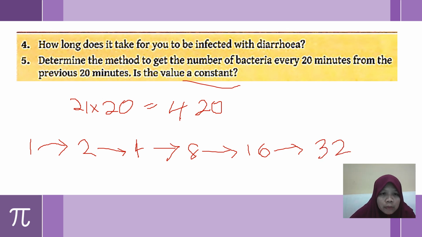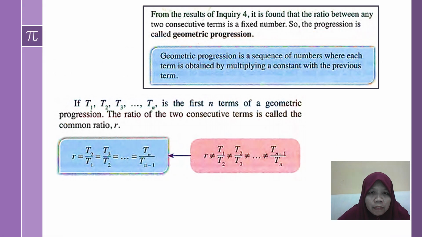After every 20 minutes, times 2, times 2, times 2, and so on. So is the value a constant? Yes. Here the constant value is 2. So that is geometric progression.